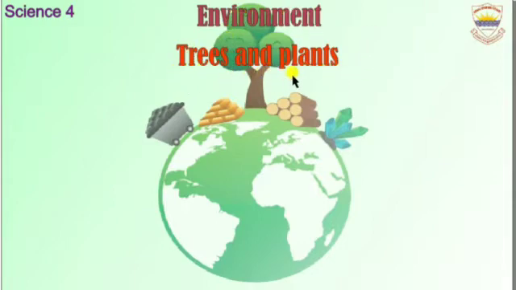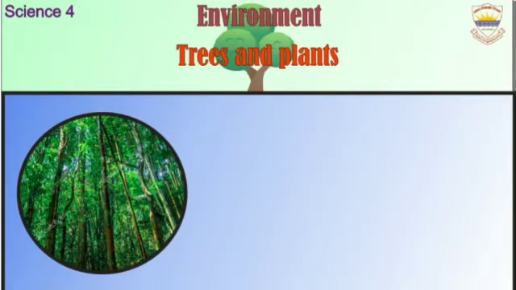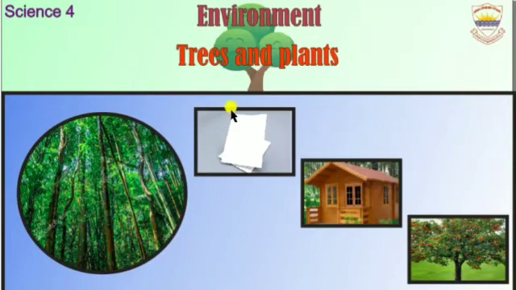First is trees and plants. Trees and plants are useful for us in many ways. Here are some uses of trees and plants. We use trees and plants for making paper. We also use them for making houses.